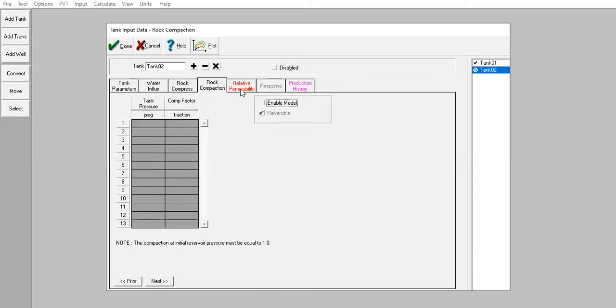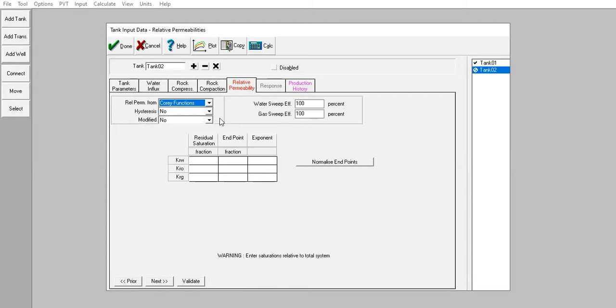Rock compaction, relative permeability data. All right. 0.05, endpoint 0.9, exponent 1. This one 0.15, 0.82, okay, 0.952.